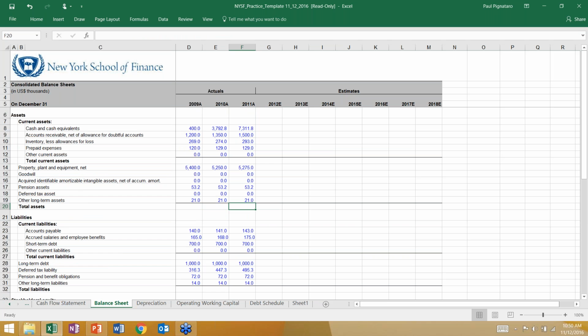The difficulty in building and projecting a balance sheet is that we're going to have to project each of these line items independently, and do so in such a way that keeps that formula constant, so that assets minus liabilities equals shareholders' equity still holds.